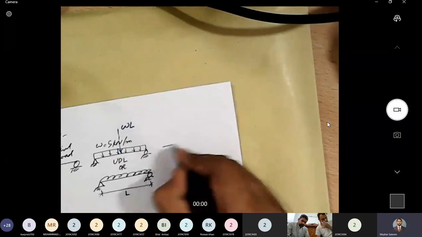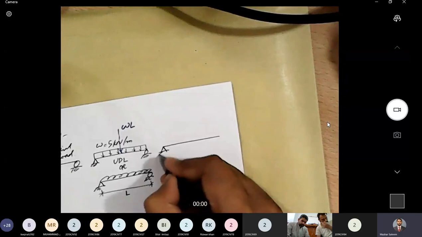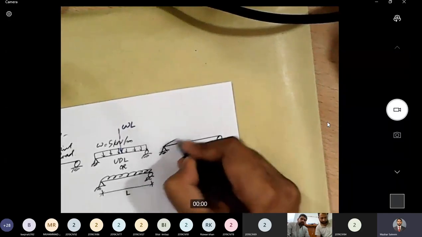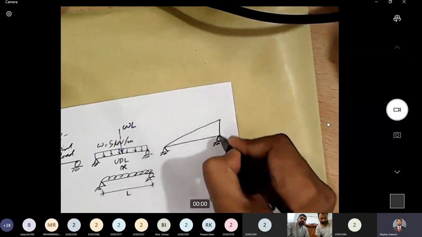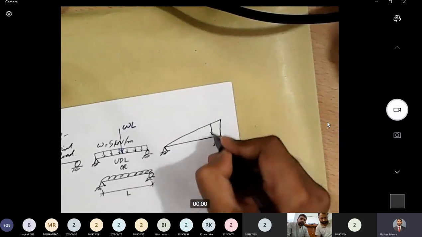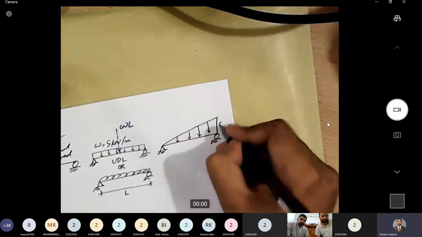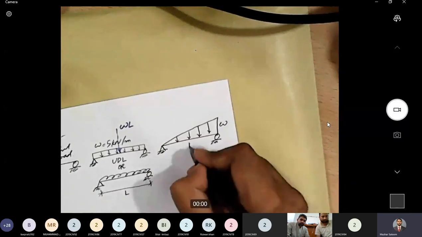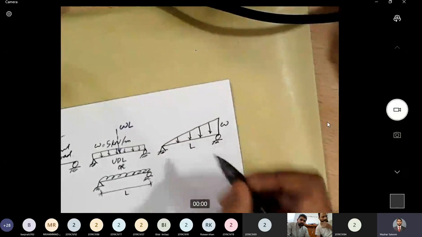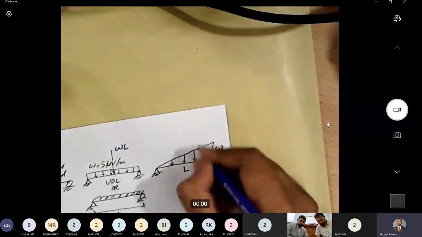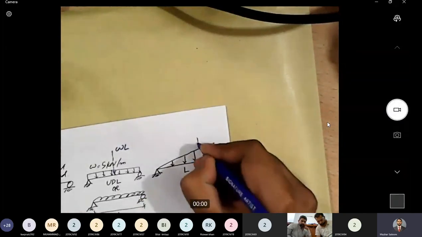And then third is VDL. VDL is shown like this. This ordinate is omega, this span is L. So the resultant of this load will be acting here.